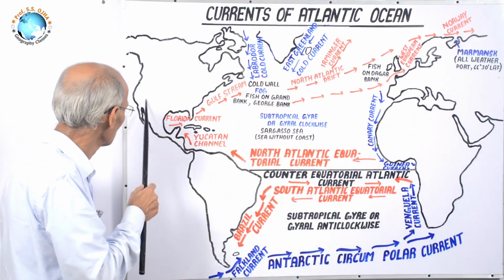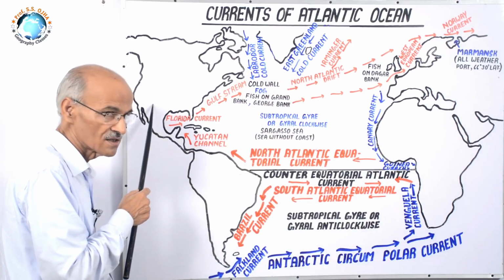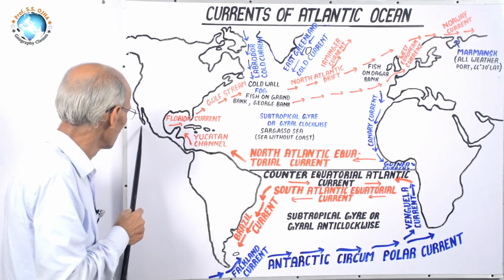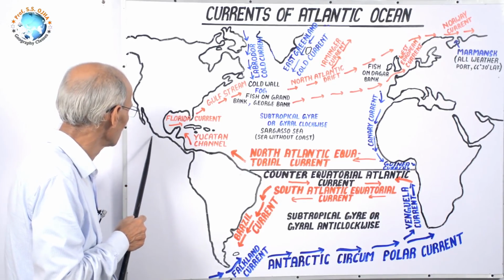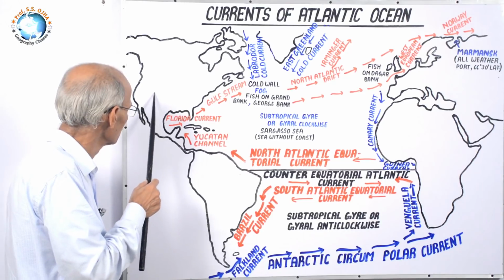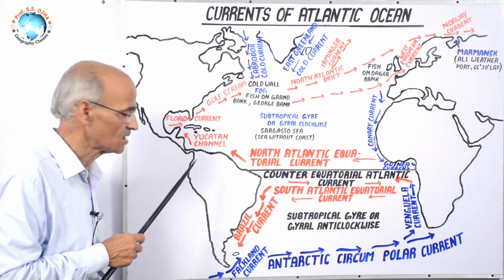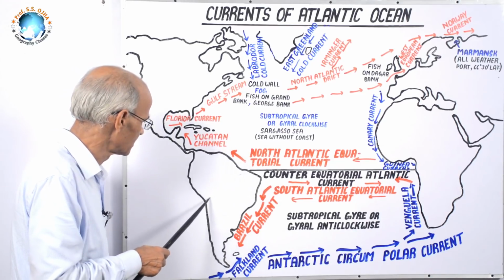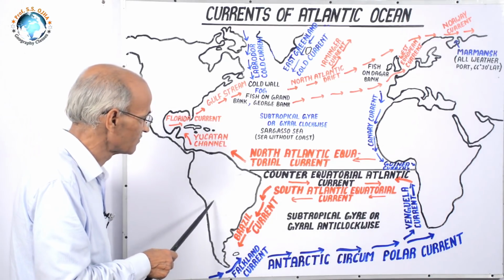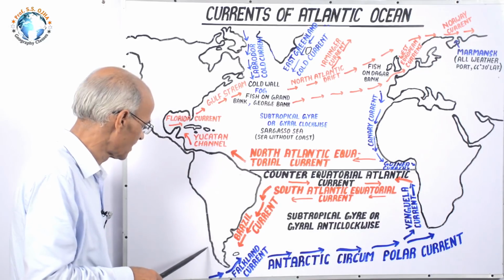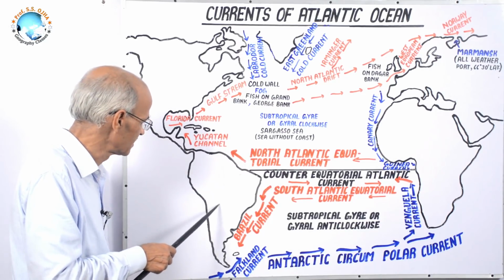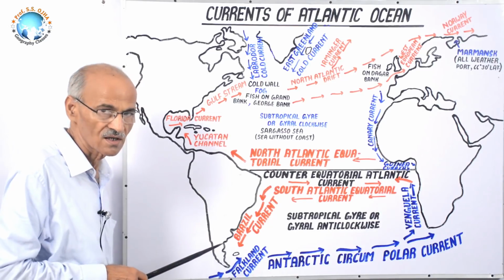Here there is the Sonoran desert. This is a hot desert, but to its west is the California cold current in the Pacific Ocean. Hence this Sonoran desert is also called a cold water desert. Here is the Atacama desert, and to its west is the Humboldt or Peru cold current. Hence it is also called a cold water desert.